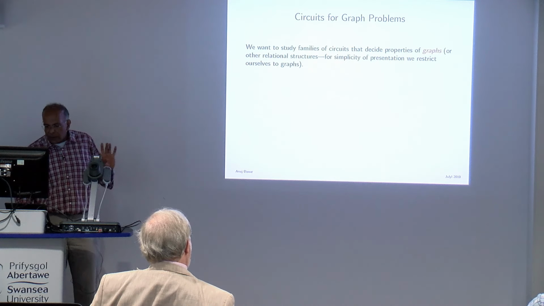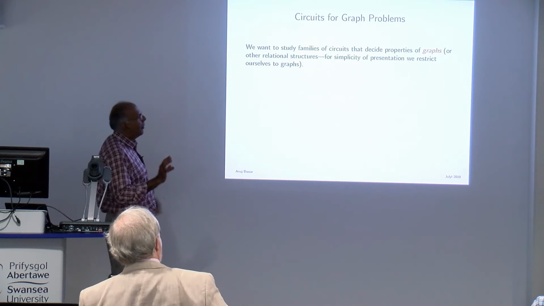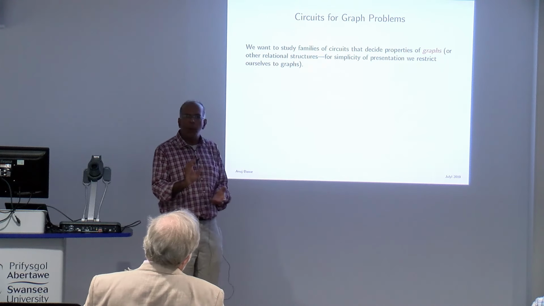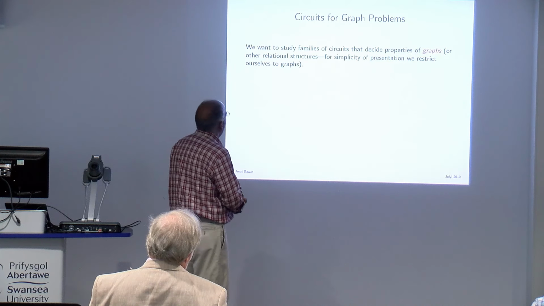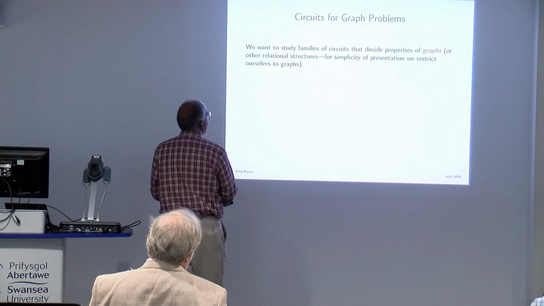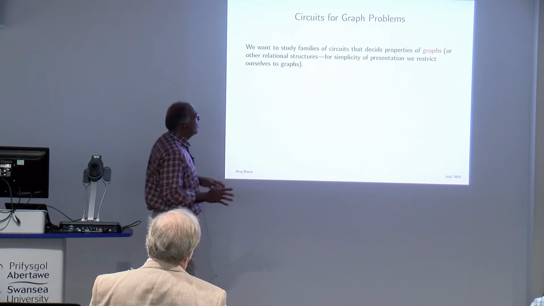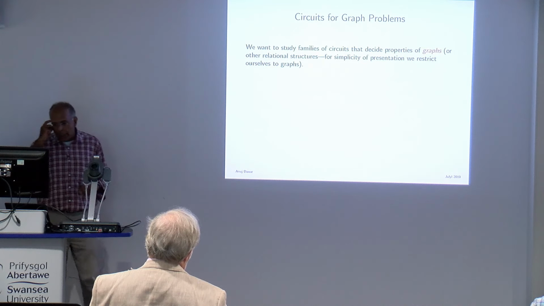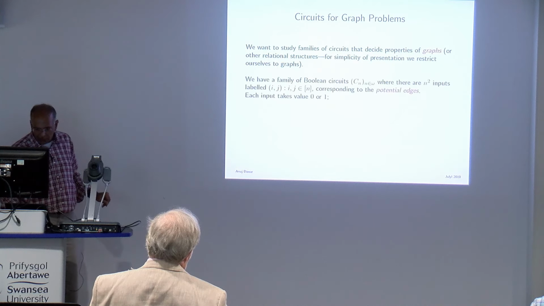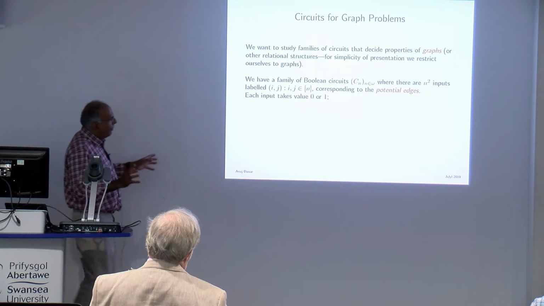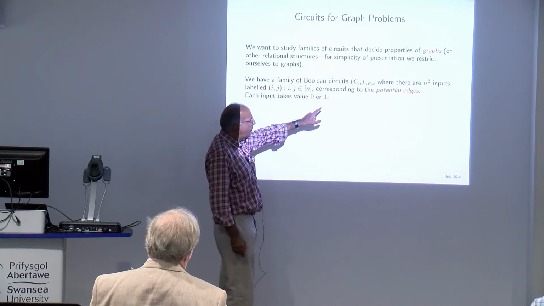I mentioned that because in some sense our results have a similar flavor, but instead of monotonicity, we're going to consider symmetry properties. So we want to consider families of circuits that decide properties of graphs, right? We consider other relational structures more generally, but let's just restrict ourselves to graphs for simplicity. So we have a Boolean circuit.